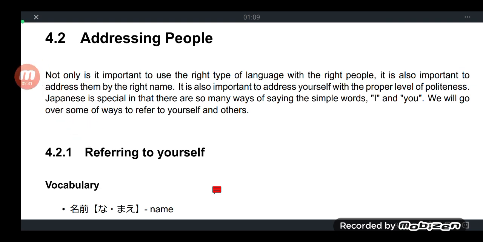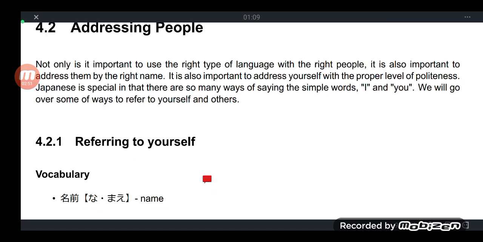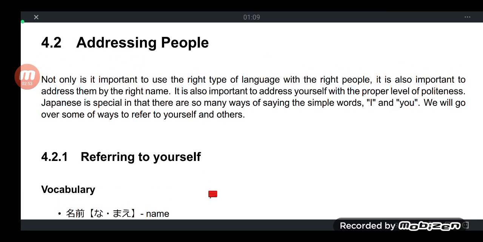I will start with referring to yourself. As I have told you in the last lesson, in our intermediate level Japanese, it is inevitable that we will discuss bikago or beautification words and some formal words. When we say formal, I have taught you that there are three forms of formal speech in Japanese.